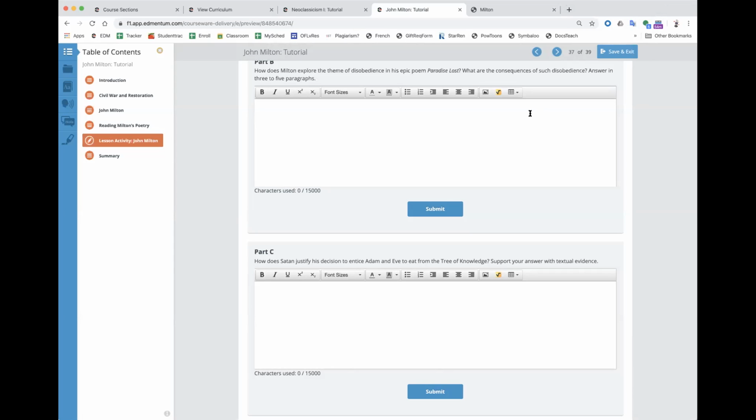Then you also have the fact that Eve is sort of a defiant woman. And Adam loves Eve really purely, and he chooses being with her over obeying God.